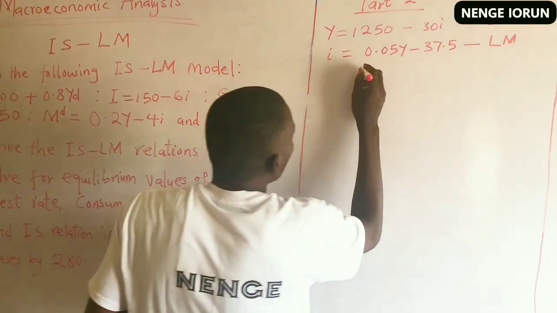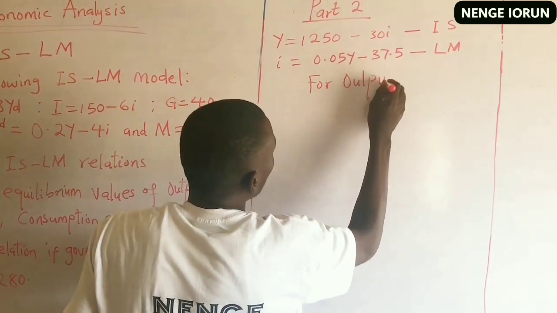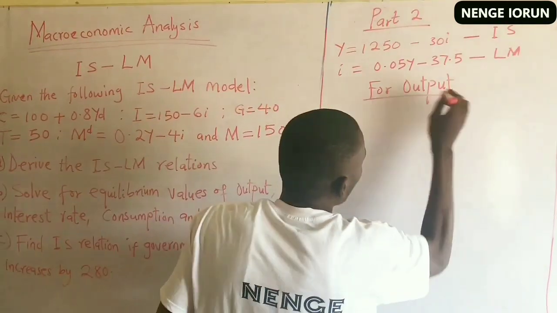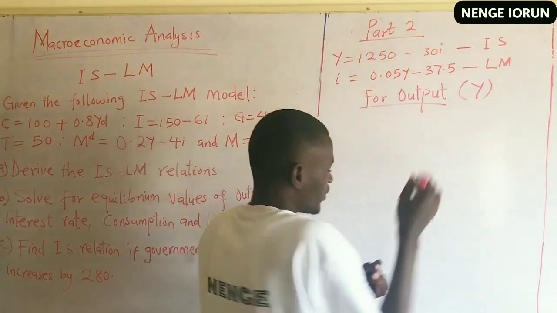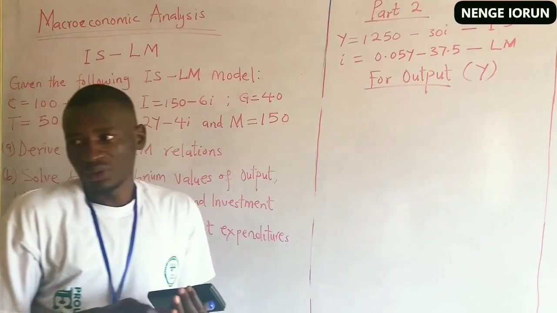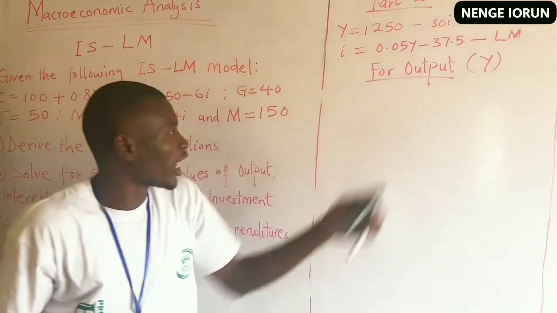For output, output is represented with capital letter Y, though in some cases we refer to capital letter Y as national income. In this regard it is for output.